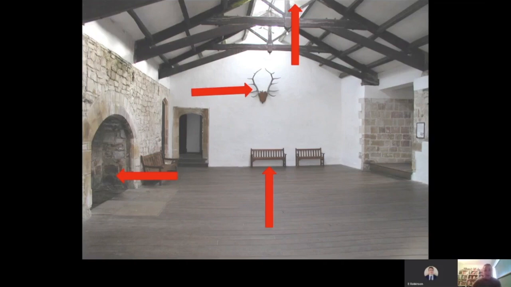Now, the antlers on the wall are quite an interesting feature. They're from a reindeer-like animal that's extinct now. And these antlers were given to Skipton Castle by the British Museum. They gave them during the Second World War, when the Blitz was happening in London, and lots of precious artefacts and documents were obviously in danger of being destroyed by bombs.